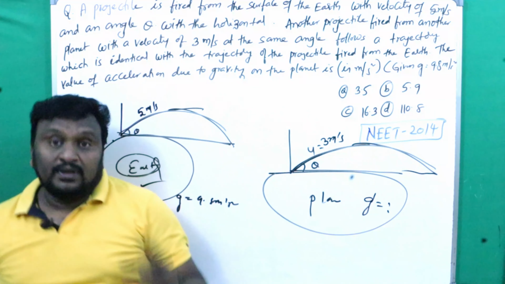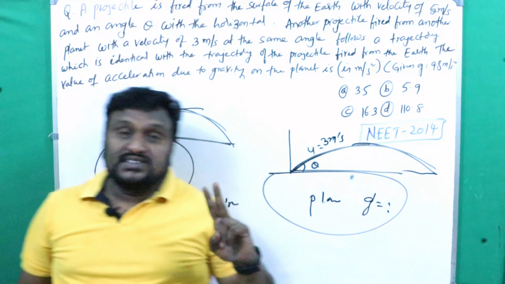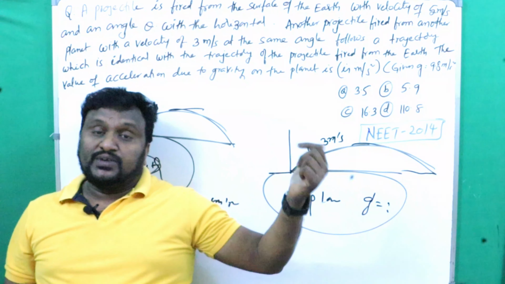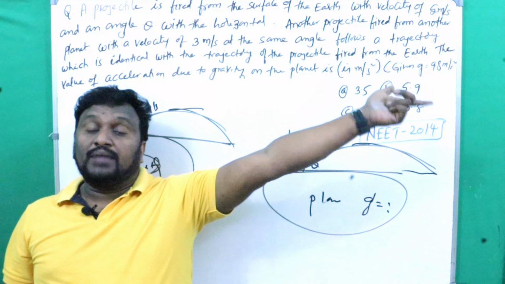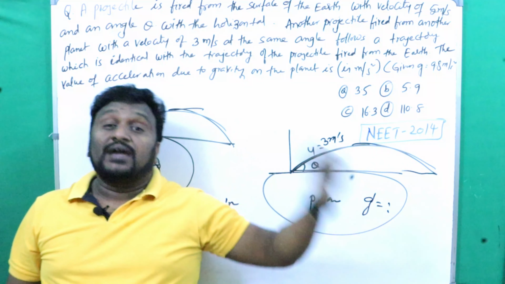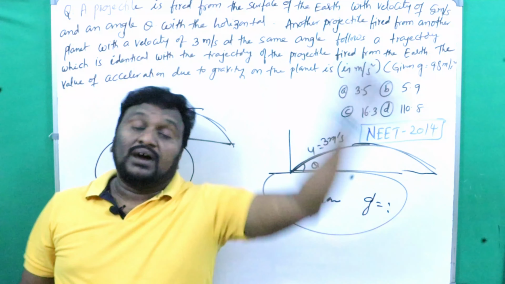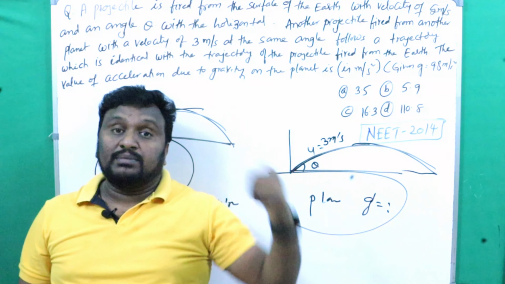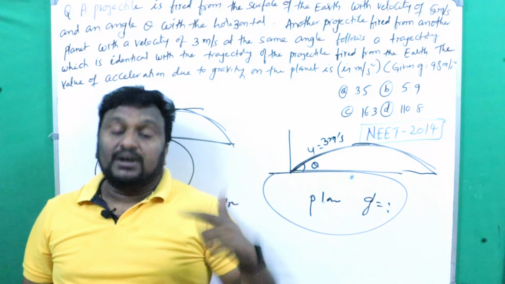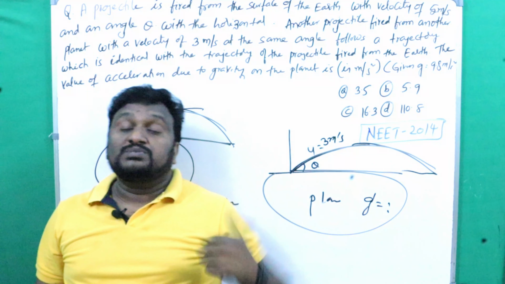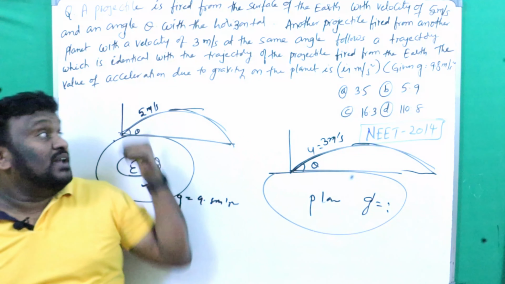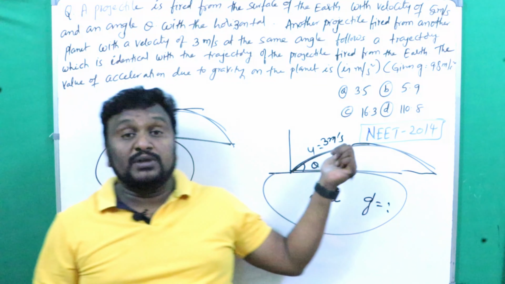See once again, there are two projectiles. One is projected from the earth surface and the next one from the planet surface with the same angle of projection, and their paths are identical. Both represent parabolic paths, but the velocities of projection are different. One is projected with velocity 5 meter per second, the next with 3 meter per second.